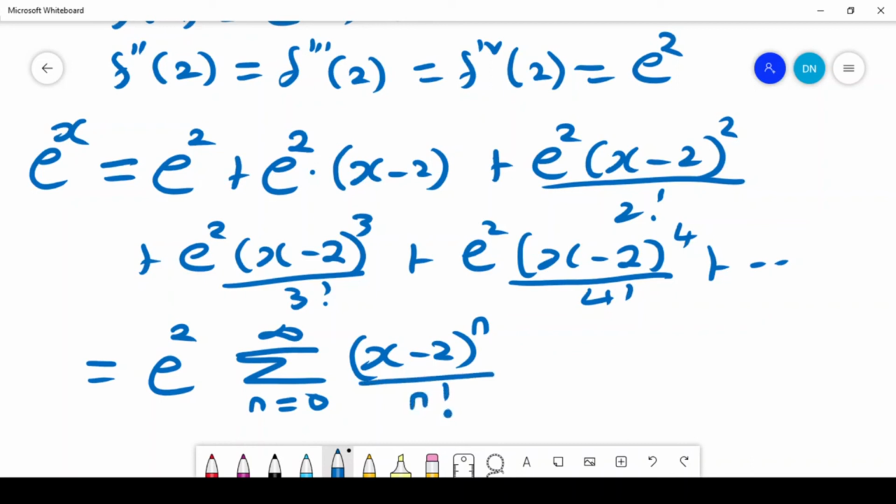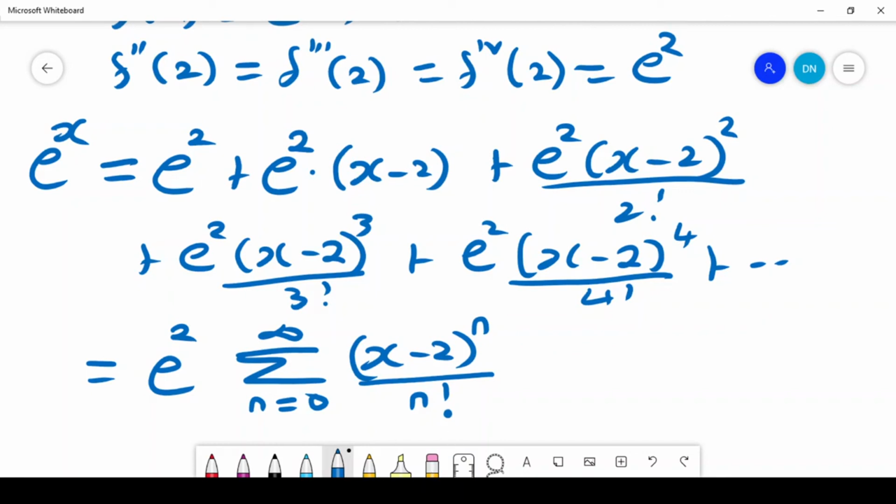So again, you can see I have another power series with a constant here, because e raised to power 2 is a known value. So that is the Taylor series when a is equal to 0 and when a is equal to 2 for the exponential e raised to power x.